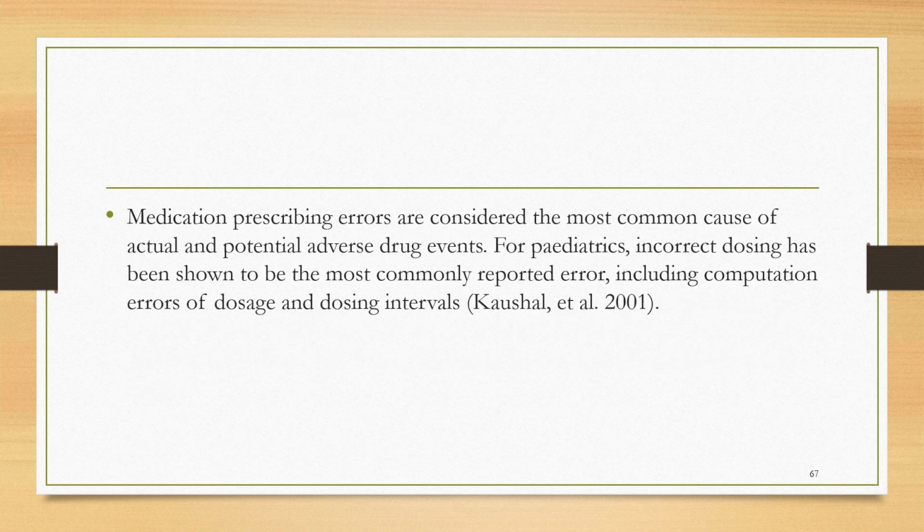Medication prescribing errors are considered the most common cause of actual and potential adverse drug events. For example, in pediatrics, incorrect dosing has been shown to be the most commonly reported error, including computation errors of dosage and dosing intervals. The pharmacy information system has a significant role in improving this situation.